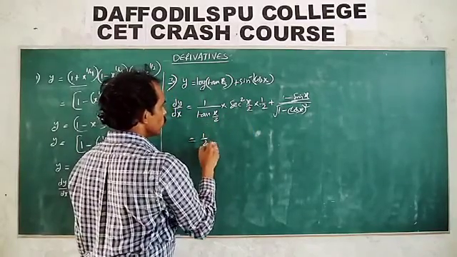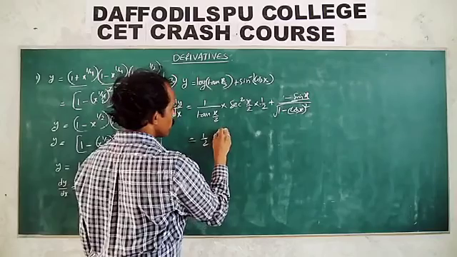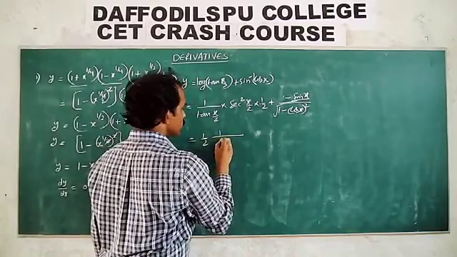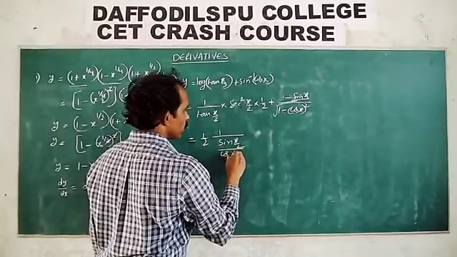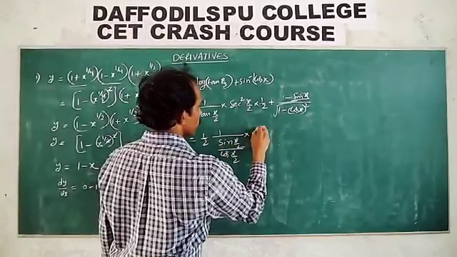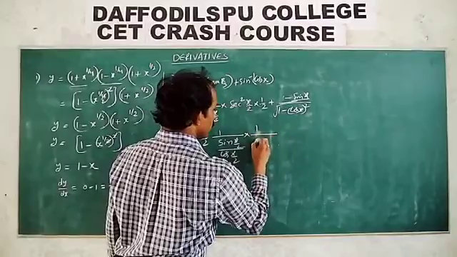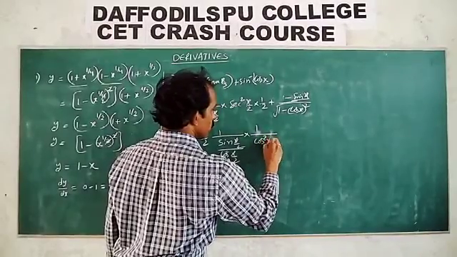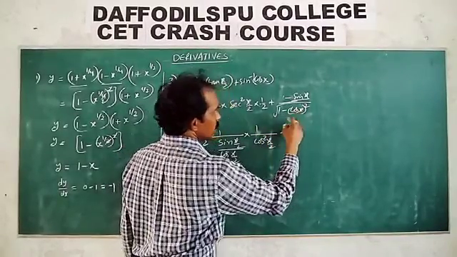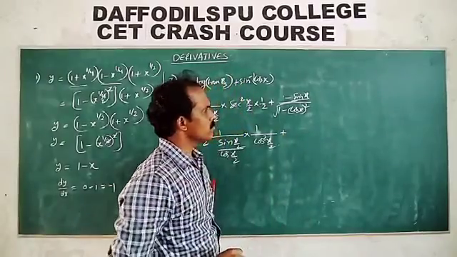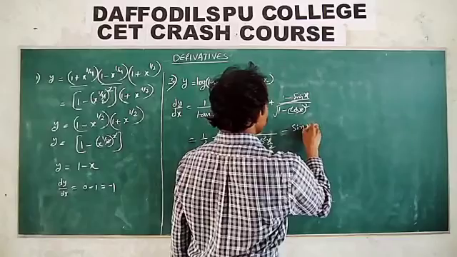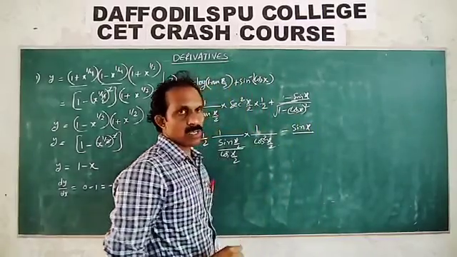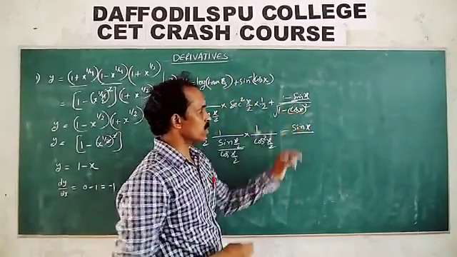1 by 2, right here, 1 by 2. Tan x by 2, how can you write? 1 by sin x by 2 divided by cos x by 2. Secant square can be written as 1 by cos square x by 2, plus 1 by square root of 1 minus cos square x, this is minus sin x. 1 minus cos square x value is sin square x, root of sin square x is sin x.